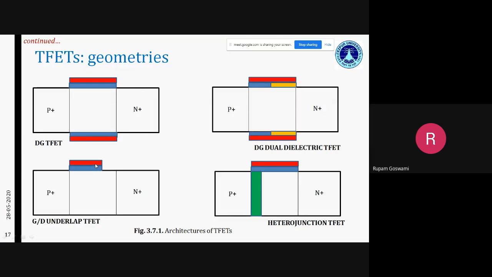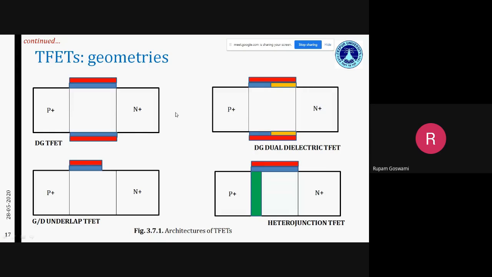What this underlap does is reduce the influence of the gate on the channel drain junction, as a result of which you do not have much tunneling occurring in this area. For an N-type TFET, the ambipolar current will flow whenever your gate voltage is negative, and the actual N-type operation will occur when your gate voltage is positive, or greater than 0.